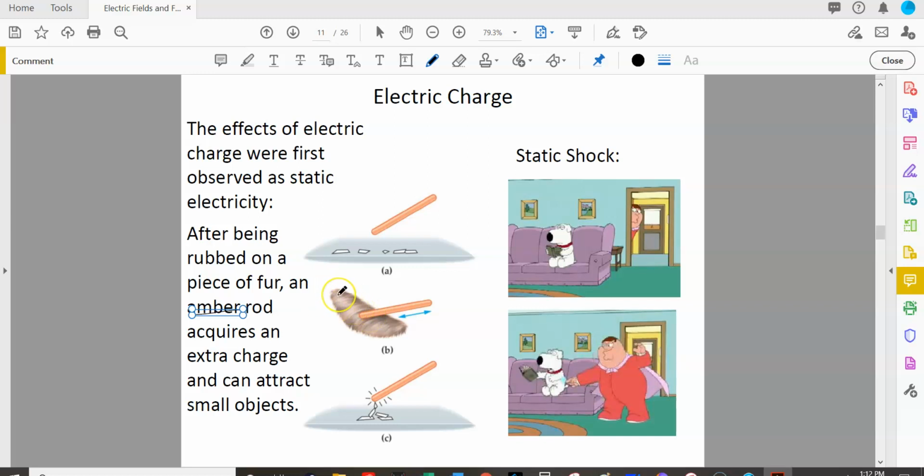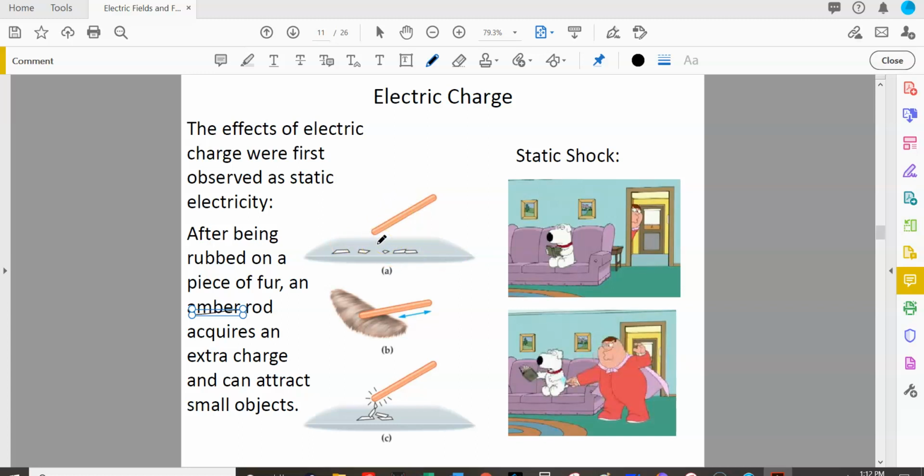This looks like a toupee. Please don't take off your toupee and rub it against a piece of amber. That's weird. But anyways, you rub this amber rod against your hair, and then you notice that these little pieces of paper will now stick to it, right? But when you didn't rub it, they would just not even notice each other. So what is kind of happening?